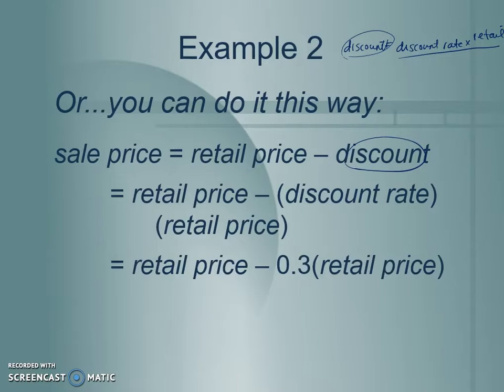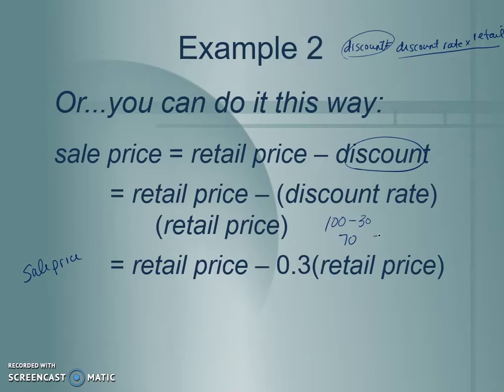So now we know the retail price minus the 30% rate times the retail price is going to be our sale price. Remember, sale price is still over here on the other side of our equal sign. And since we're saying retail price minus 30%, well, that's like saying, what's 100%, the retail price, minus 30%?